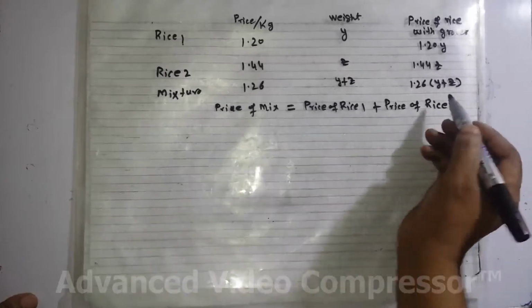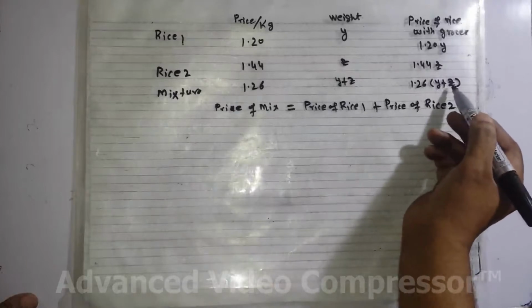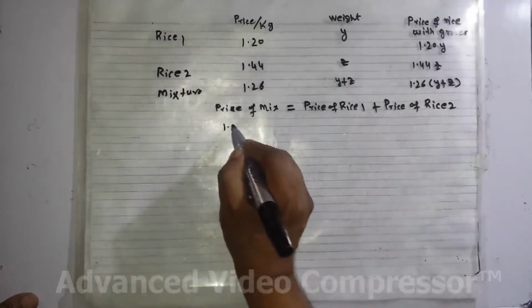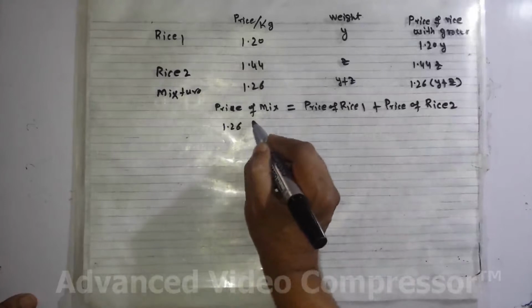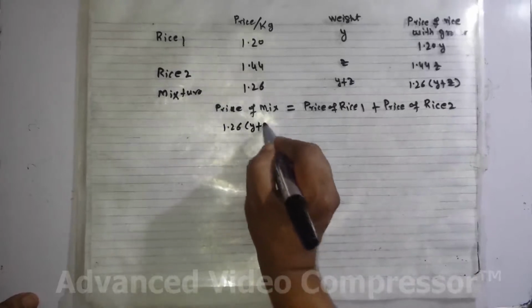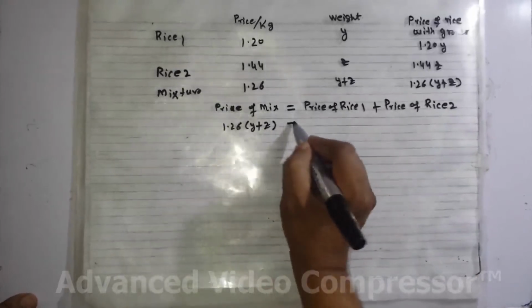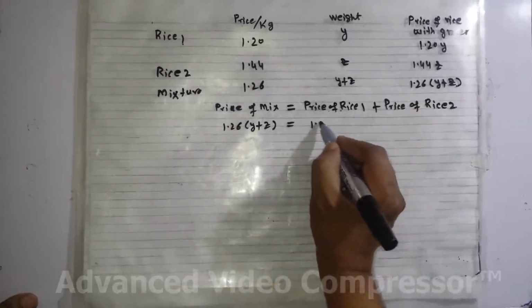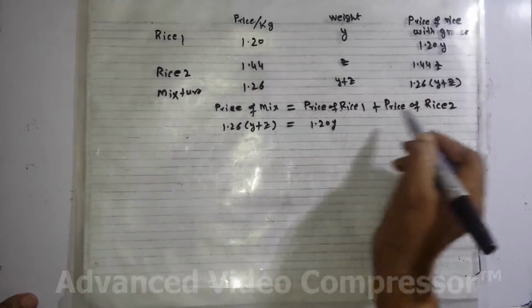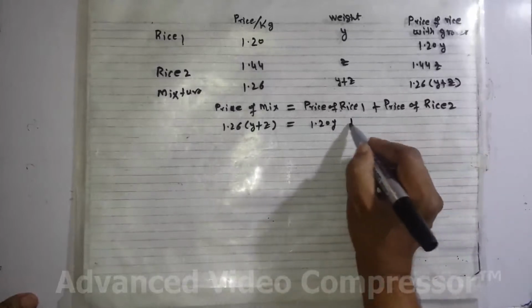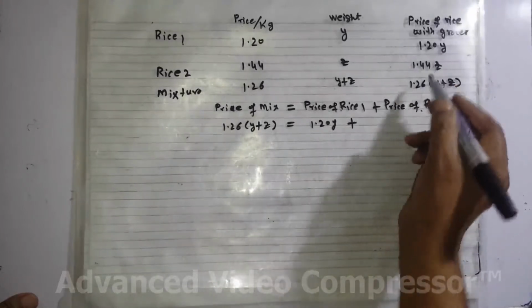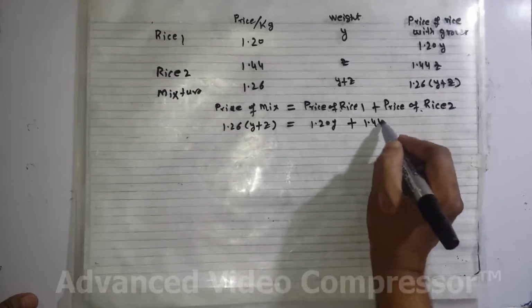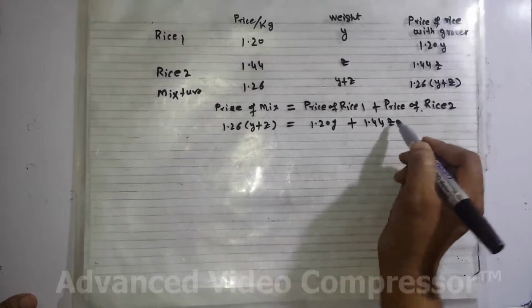Here the price of the mixture we calculated is 1.26(y plus z), the price of rice one type is 1.20y, and we put plus, the price of rice 2 is 1.44z.